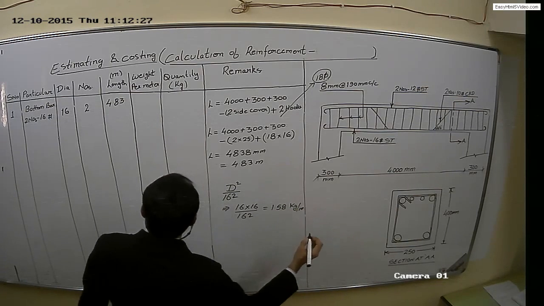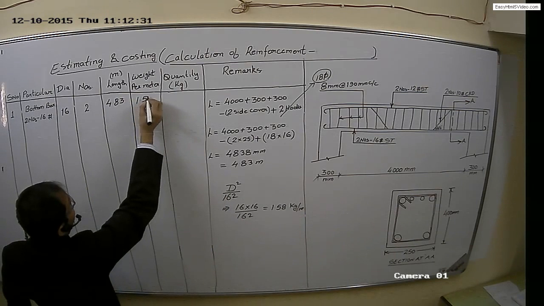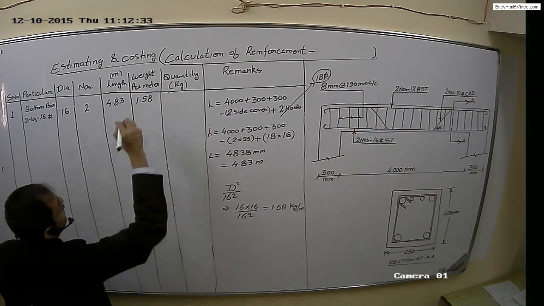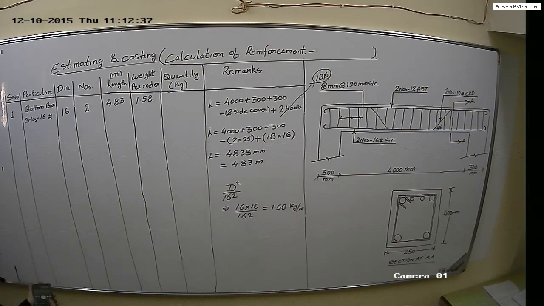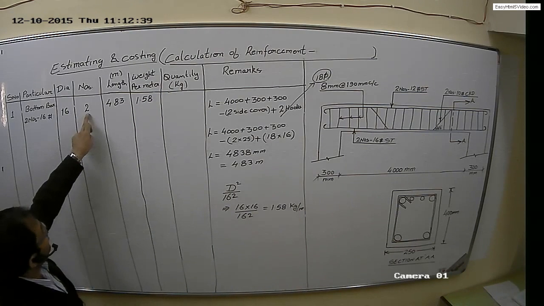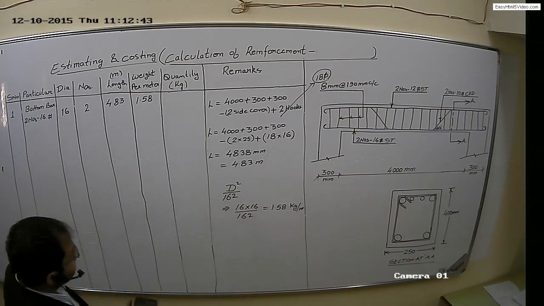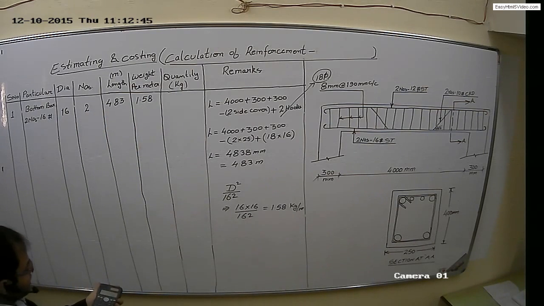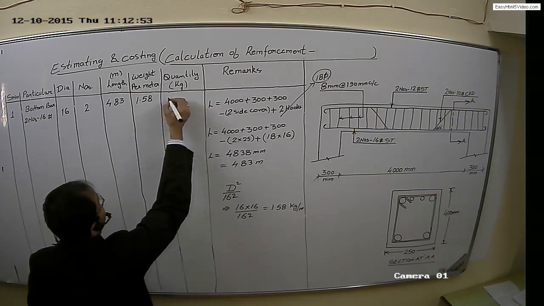You have to write here 1.58 kg. Now to calculate the total quantity of reinforcement, we will multiply number 2 to the length to the weight per meter of particular bar, we will get the total quantity. So 2 multiplied by 4.83 multiplied by 1.58, which is 15.26 kg.